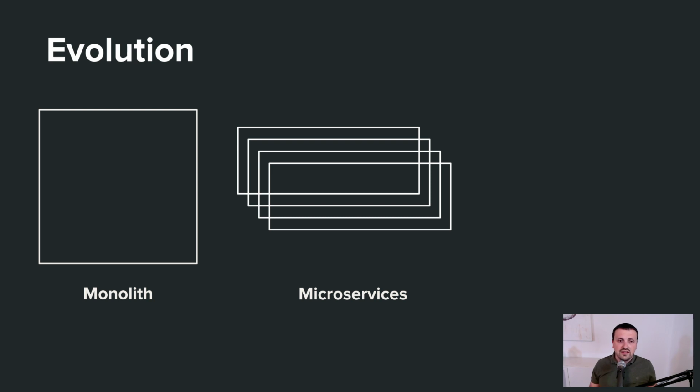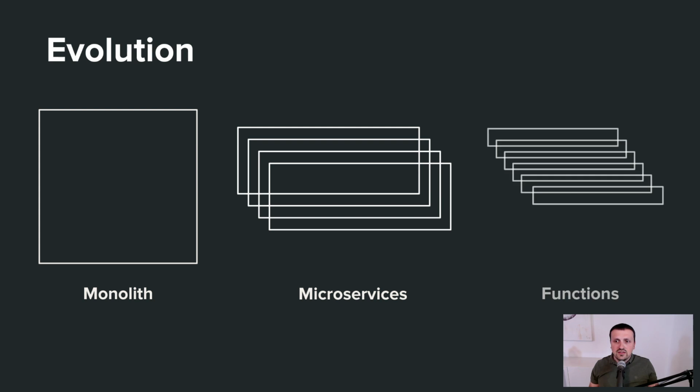So that's been the evolution: we have this big monolith, and we cut it up into smaller pieces where every microservice works on its own, but together they make up one whole application. And now we look at an even deeper level, and that's the functions. As I said, those functions make up these microservices or even a monolith. And you can host those separately without running anything.